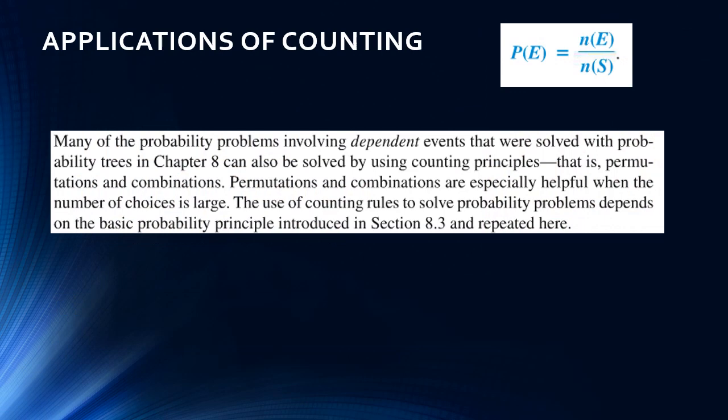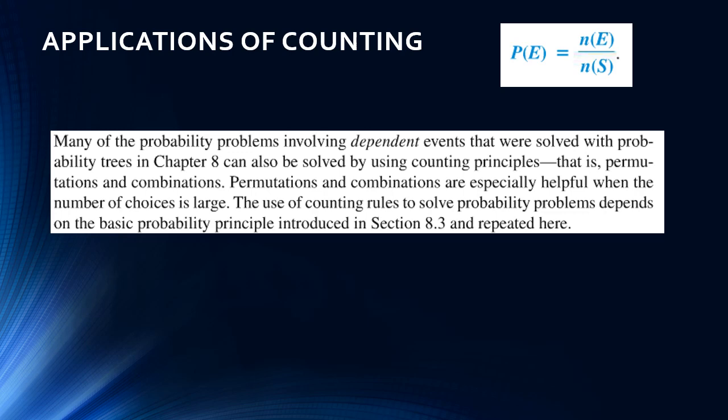Many of the probability problems involving dependent events that were solved with probability trees in Chapter 8 can also be solved by using counting principles, that is, permutations and combinations. Permutations and combinations are especially helpful when the number of choices is large. The use of counting rules to solve probability problems depends on the basic probability principle introduced in Section 8.3 and repeated here.